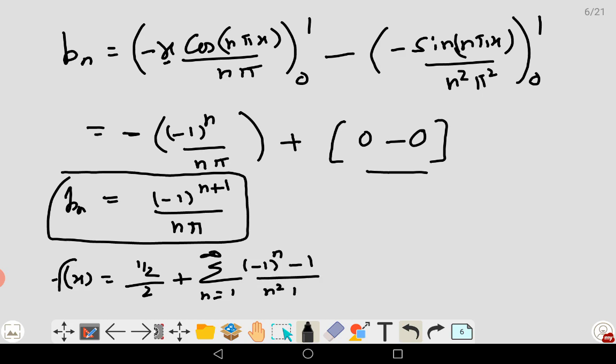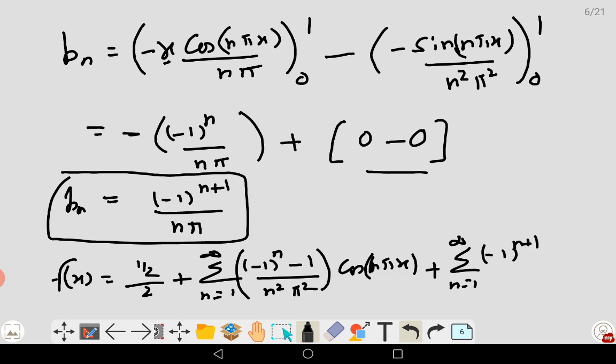You can straight away write the same value you got. This is an, cosine n pi x divided by 1, but p is 1. Third term, summation n from 1 to infinity, minus 1 to the power n plus 1 divided by n pi, this is bn, into sin n pi x.